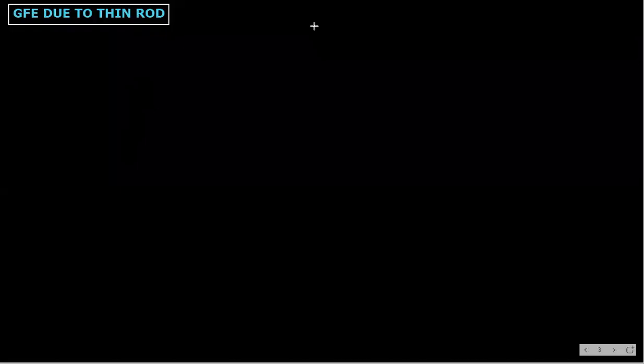Gravitational field intensity due to thin rod. Understood?